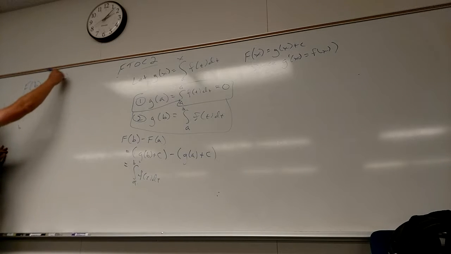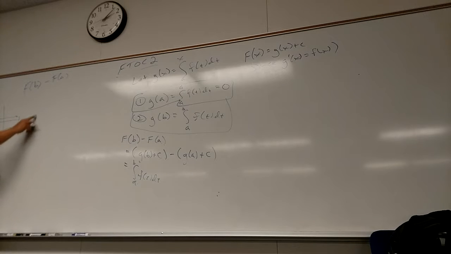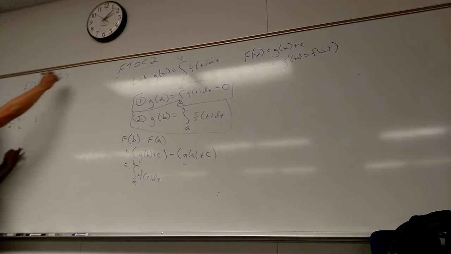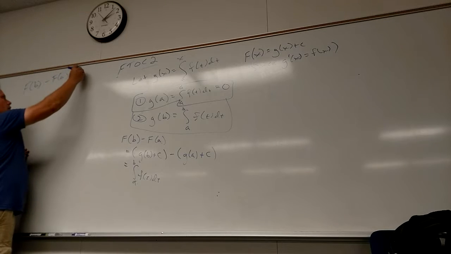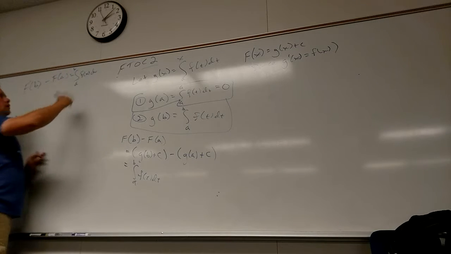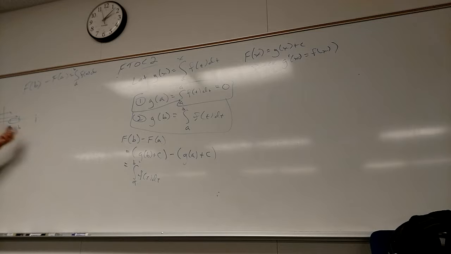F of a means the area up until a of something. Let's put a over here. So if I take the difference of the two, I get the area between the two, which is the integral from a to b. I can't say this is a proof, but this is what those proofs are capturing the idea of. It's got the C in it, but oh well.